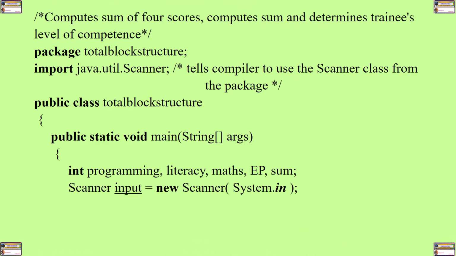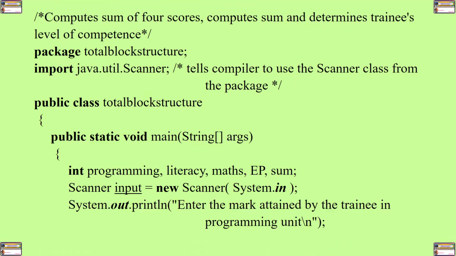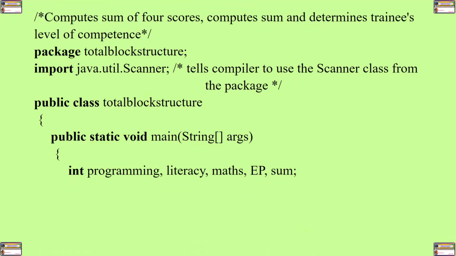And then from there, we define an object called input. Now, this input is of type scanner. It is used for the purposes of reading. So we are supposed to read our values through the input object.